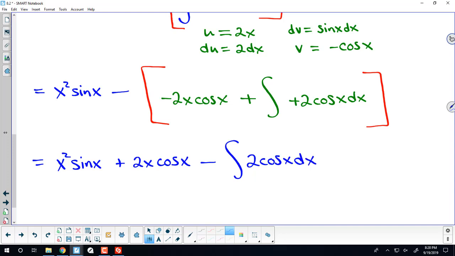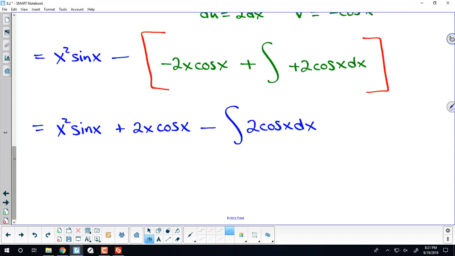And so that third integral there we can do. So what we have is x squared sine x plus 2x cosine x minus 2 sine x plus c.